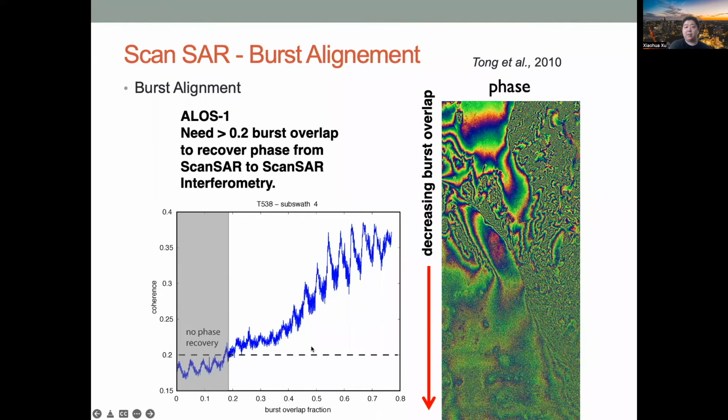And ALOS-1 had this burst drifting problem, so its ScanSAR data are largely unusable for interferometric purposes. The right-hand side shows an example by Xiaopeng that the fringes are coherent when the bursts are overlapping, but when the bursts start to drift, you see a drop of coherence, and you start to lose signal.